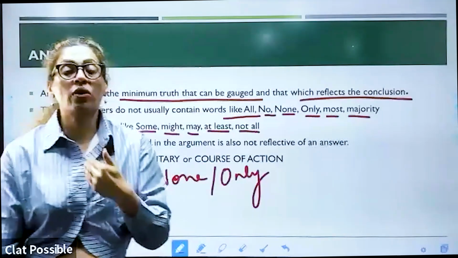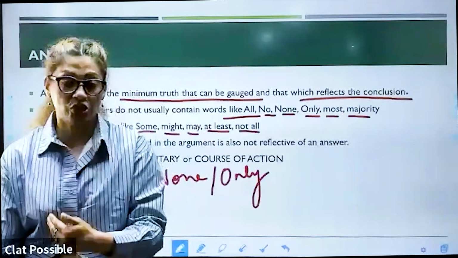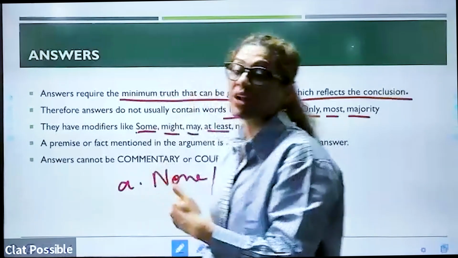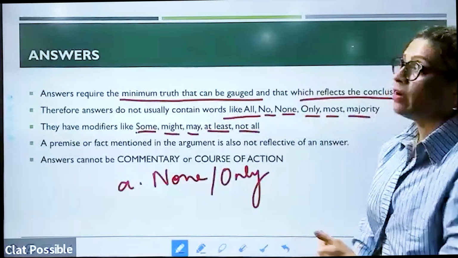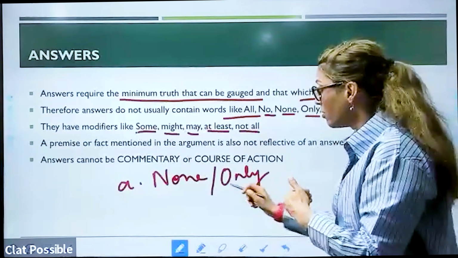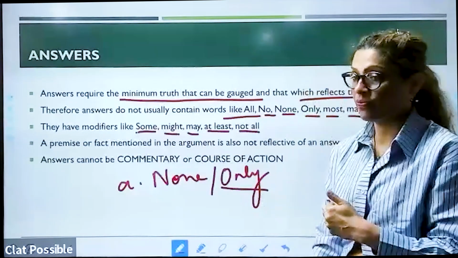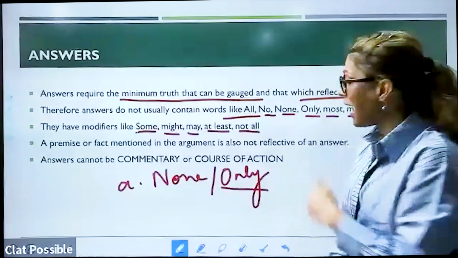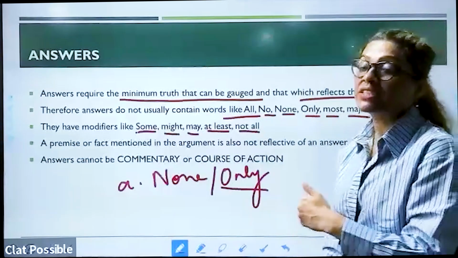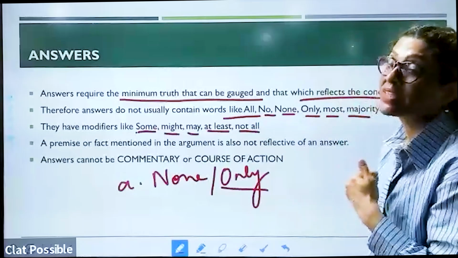Is the word only justified from the passage? Or I will look at only and I will try to avoid this answer if I'm not able to find something in the passage that says only. And then I will probably go to another option and start looking at other options again.